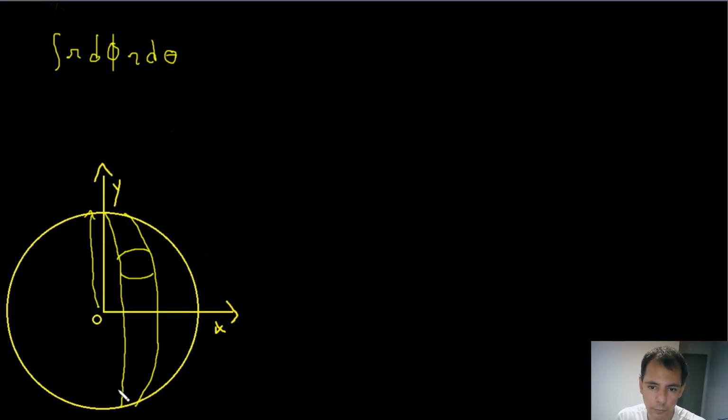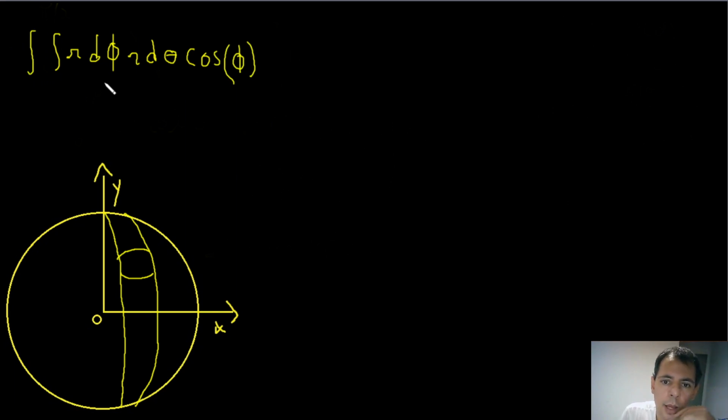So what is this length in here again? The length in here is going to be r times d theta times the cosine of phi. Now you have d theta and you have d phi, so you have two integrals here. I'm going to take care of the theta first. The theta is going from 0 to 2 pi, because it's going to sweep all around in here.